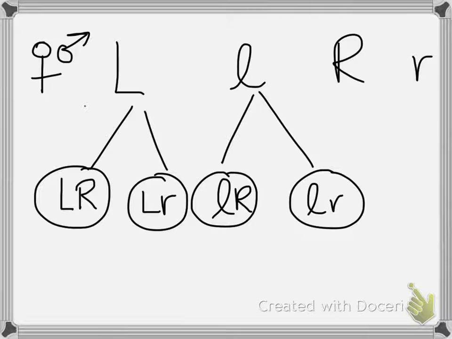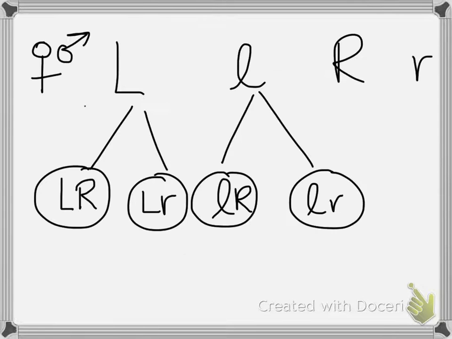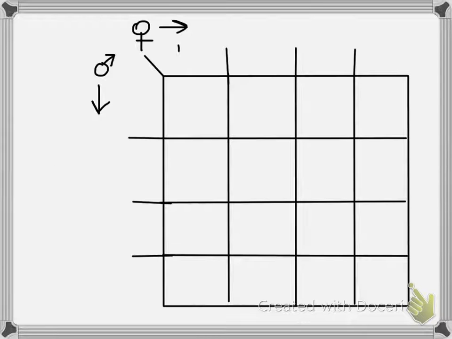So now how do we show the possibilities that exist in a Punnett square table? Okay, so I've set up a table. Since this is dihybrid, I need 16 squares, because for each parent I've got 4 possible combinations of alleles. And I'm going to list those: big L big R, big L little r, little l big R, little l little r.